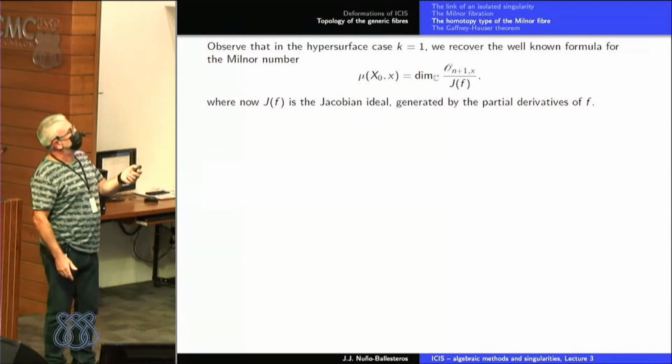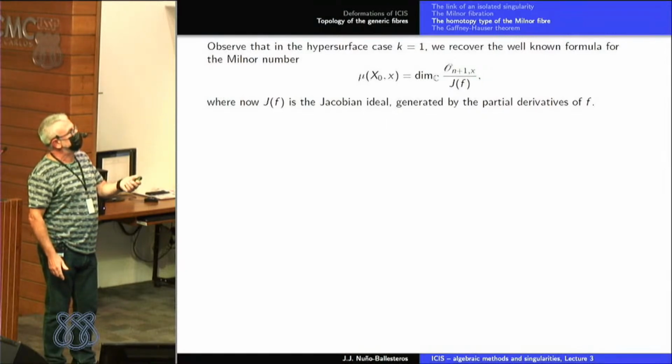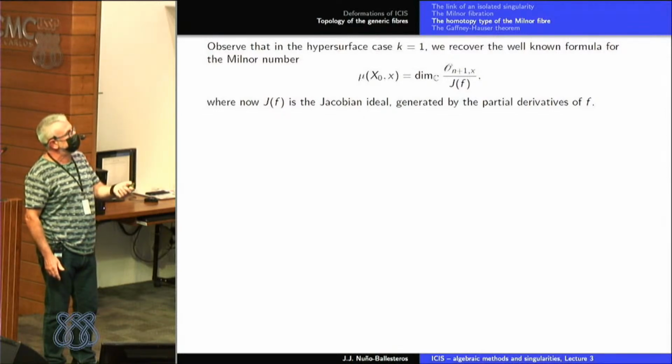In the hypersurface case, k equals 1, this simplifies to the well-known formula for the Milnor number of a hypersurface, which is equal to the dimension of the ring of holomorphic functions quotient by the Jacobian ideal generated by the partial derivatives of f.